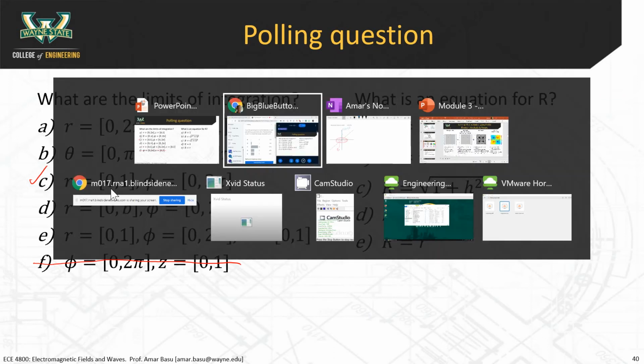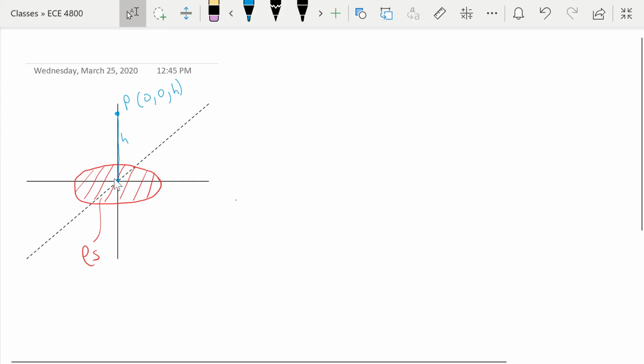So if you think about the disk that we're looking at, we have three variables r, phi, and z. We're in the cylindrical coordinate system.